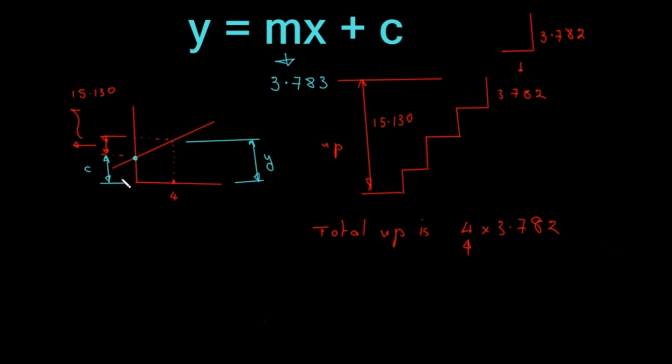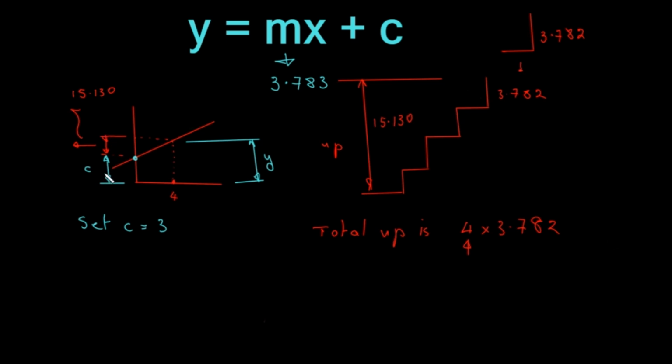Now suppose, for example, we set C equals 3. So the distance from there to there is 3. The distance from there to there is that. All not to scale. Definitely not to scale. So the total distance is from there to there.